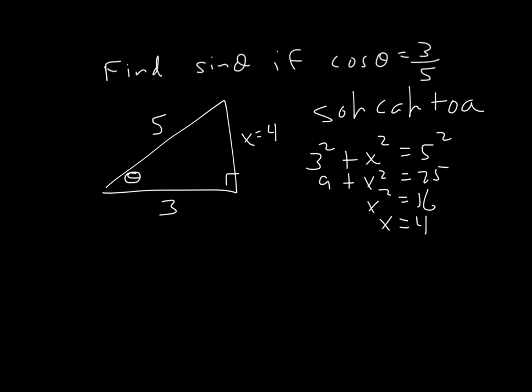So we found that x is 4 over here. Don't forget, what we're really trying to do is say that sine of theta equals 4/5, because opposite over hypotenuse.